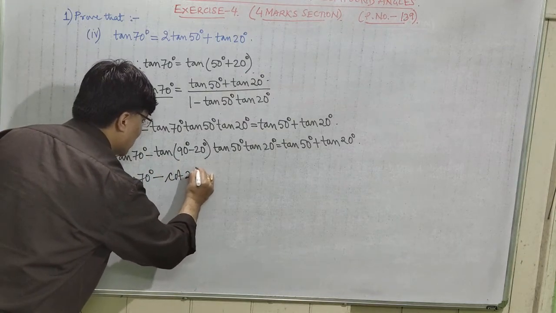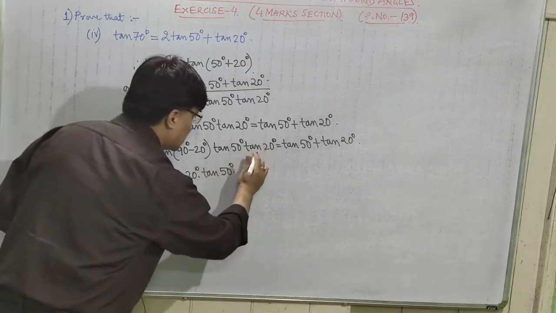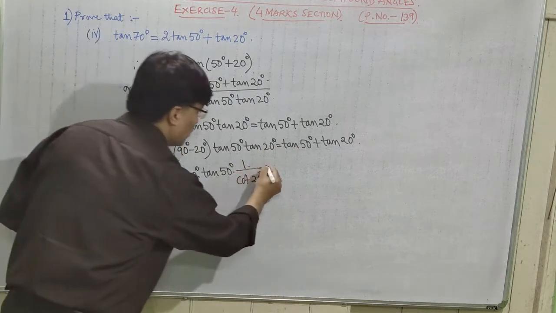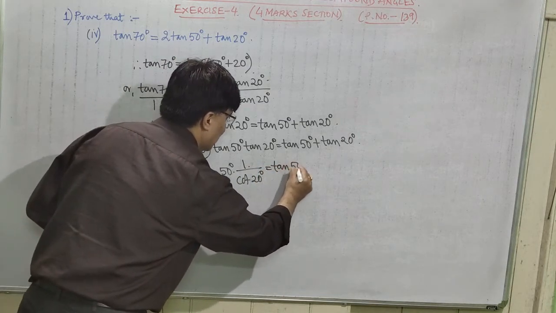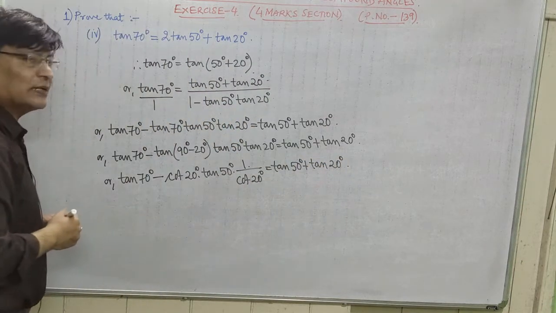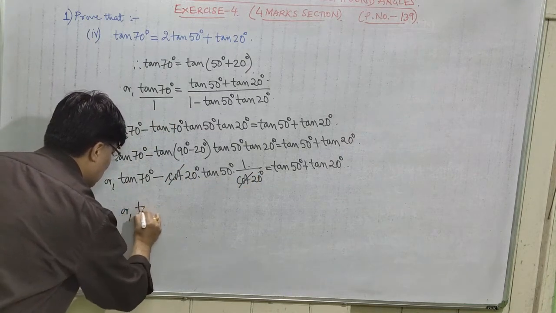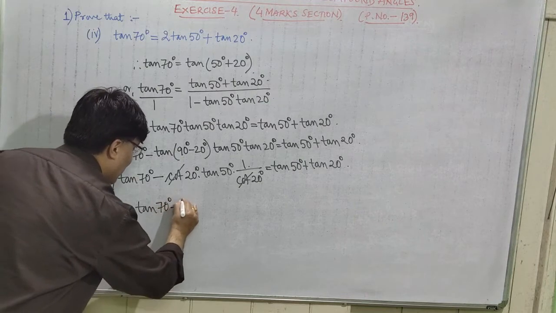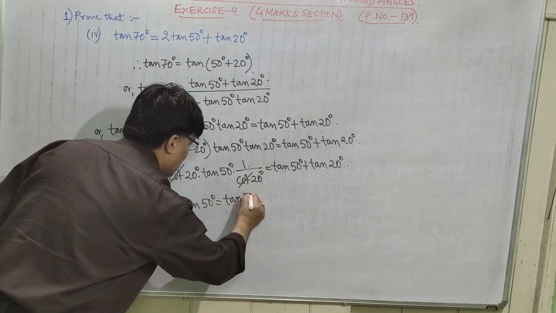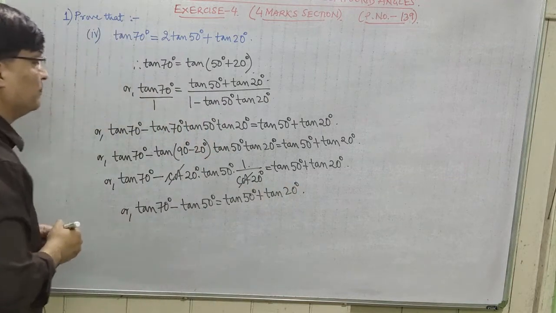This is cot 20 degree into tan 50 degree into tan 20 degree, which can be written as 1 upon cot 20 degree, which is equal to tan 50 degree plus tan 20 degree. Is that clear? So you can cancel this cot 20 degree. Now this is tan 70 degree minus tan 50 degree is equal to tan 50 degree plus tan 20 degree.